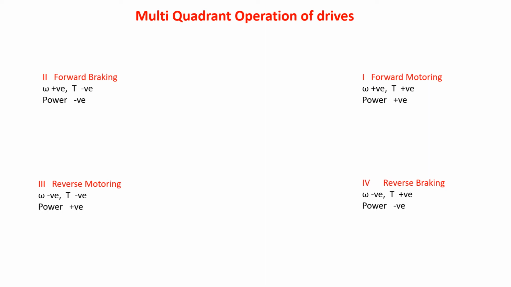The name is forward braking, power flows from load to source, load to motor. Third quadrant is reverse motoring: omega is negative, torque is negative, so power is positive. In quadrant 4, reverse braking, omega is negative, torque is positive, your power is negative.